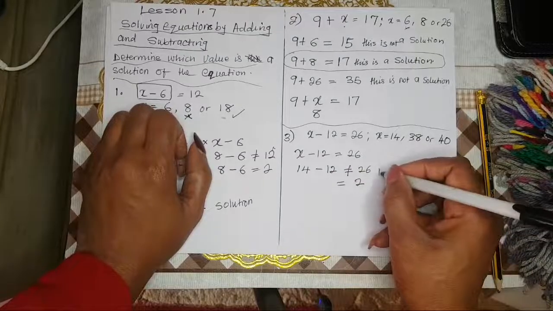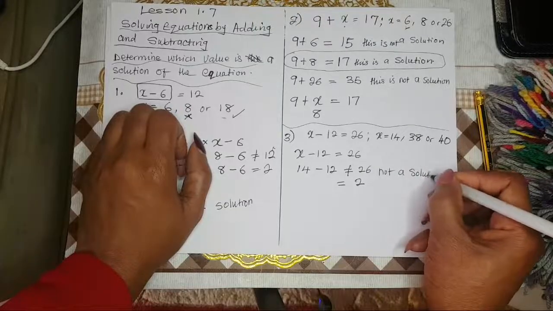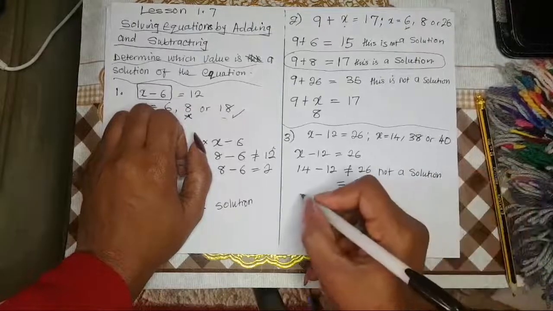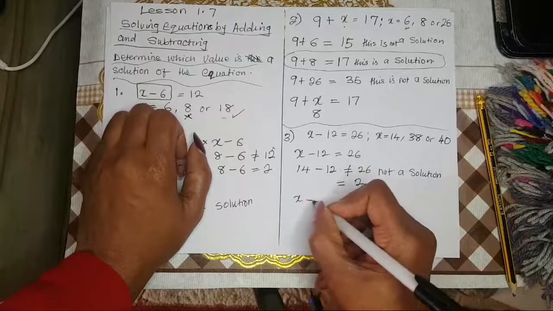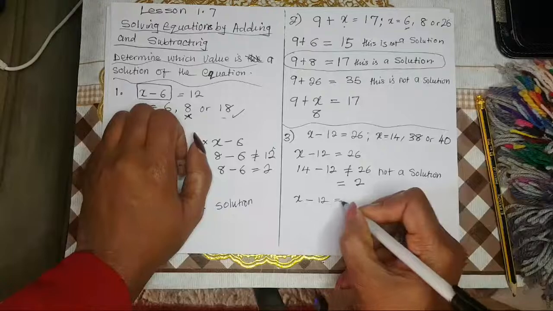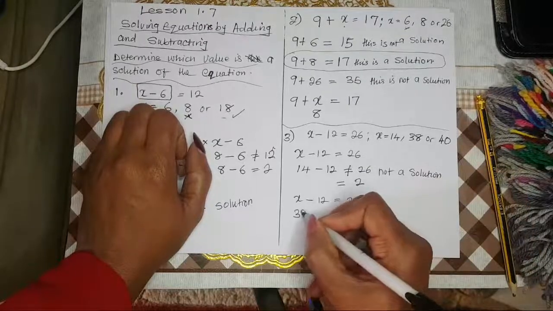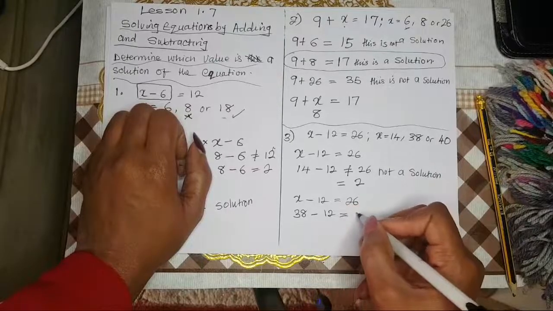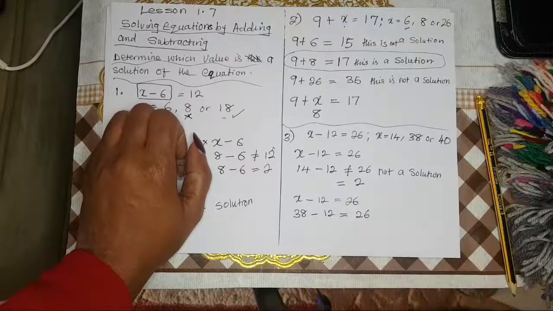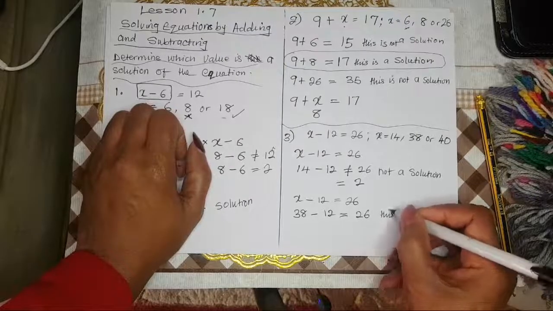So this is not a solution. You have x minus 12 equals 26. So we'll use 38. 38 minus 12. Is it going to give us 26? Yes. So this is a solution.